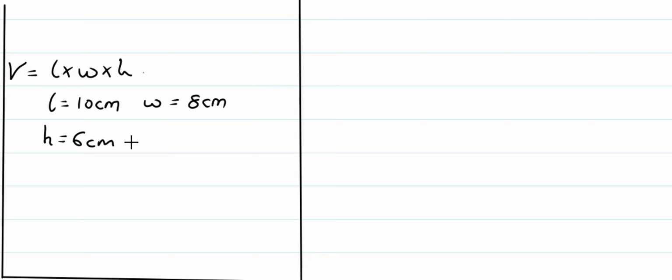So, to get the volume, you need to take volume V is equal to length, which is 10 centimeters, multiplied by the width, which is 8 centimeters, multiplied by the height, which is 6 centimeters.